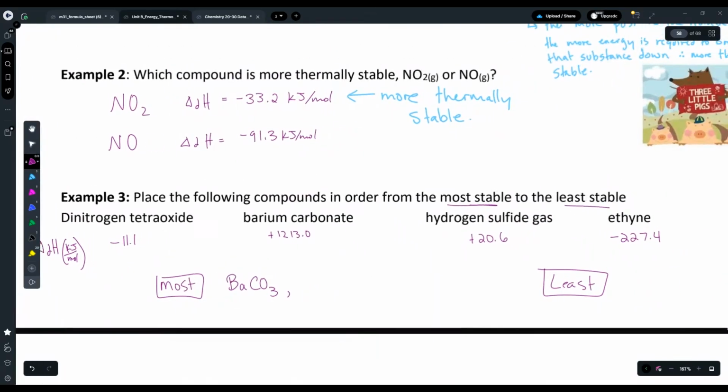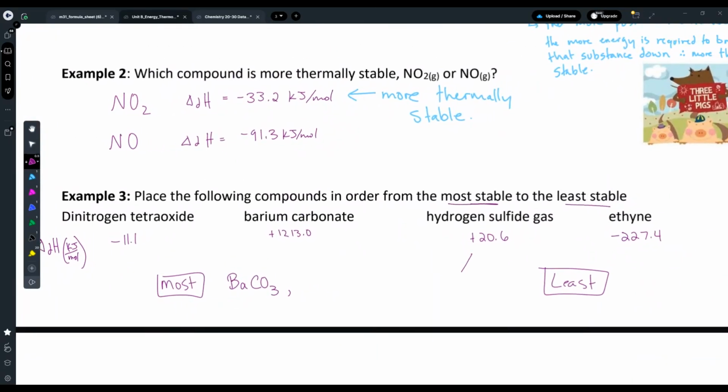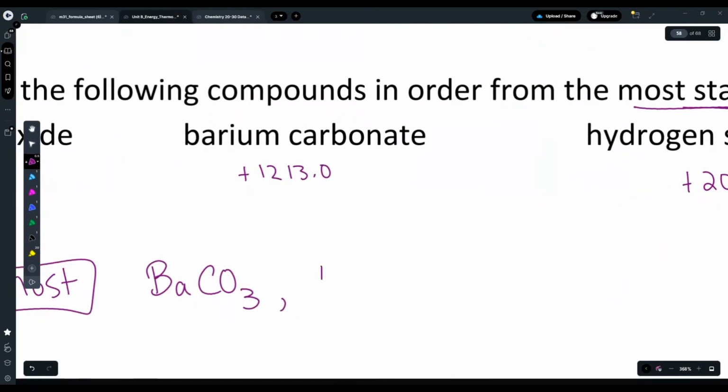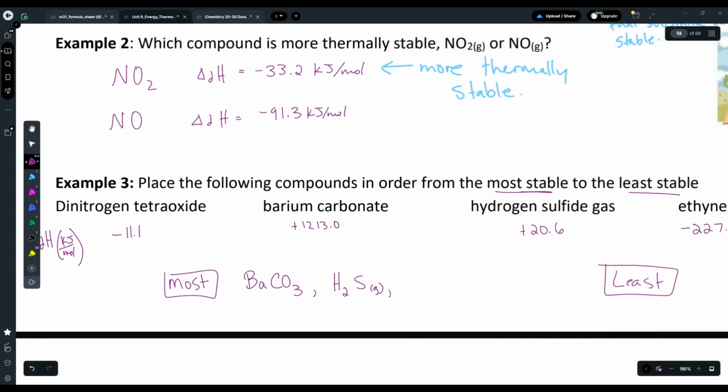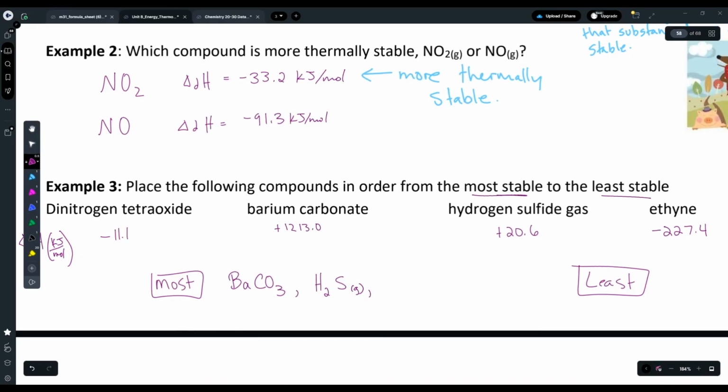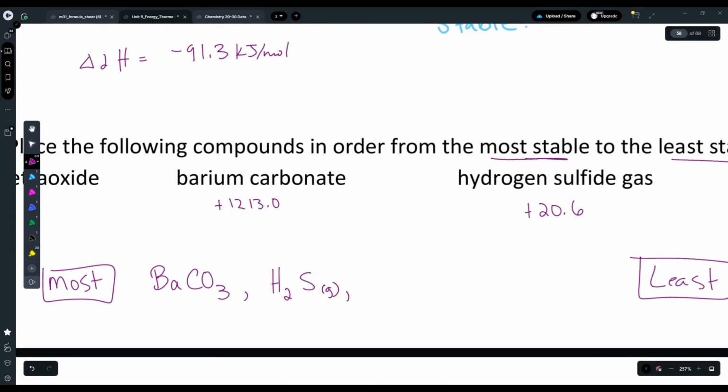Okay, what's our next one here? Looks like hydrogen sulfide gas. So next, so H2S, we'll put it as a gas. Okay, and then our next one is going to be dinitrogen tetroxide.